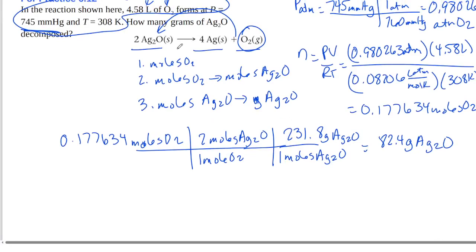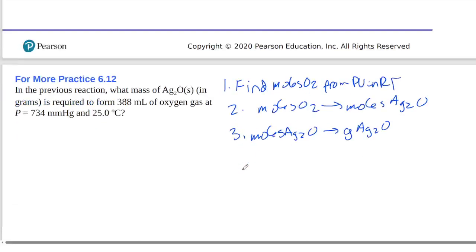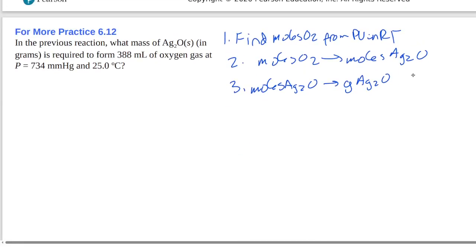We learned from the balanced equation that 2 moles of silver oxide gives us 1 mole of oxygen, so we have a 2-to-1 ratio.